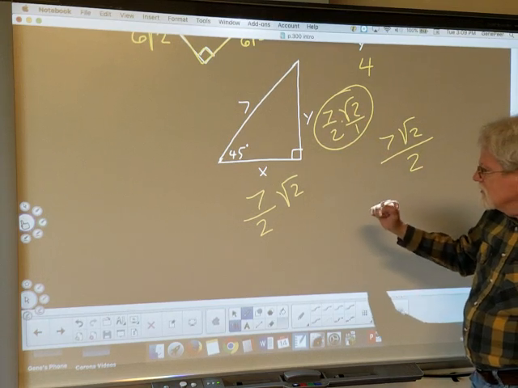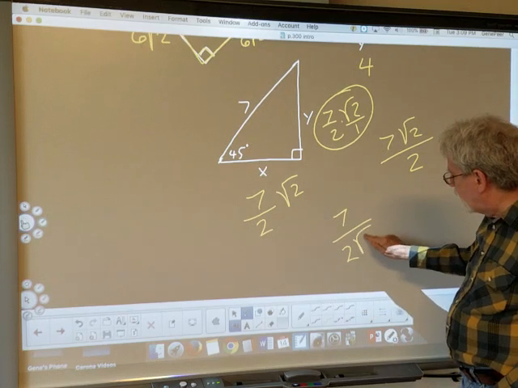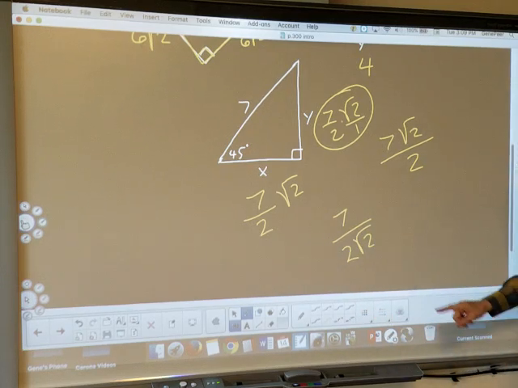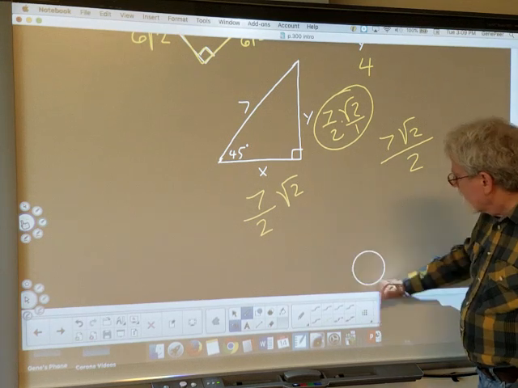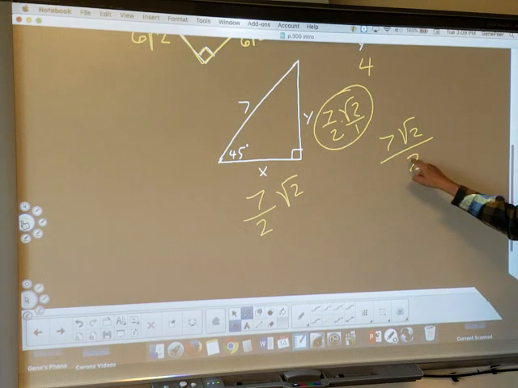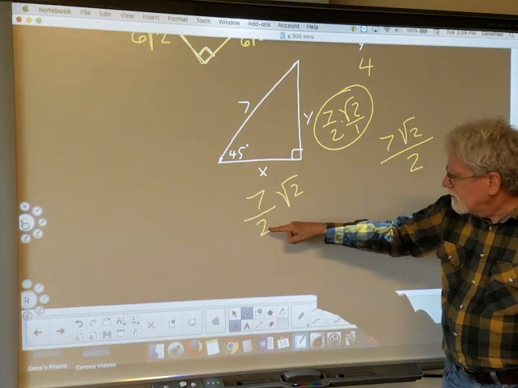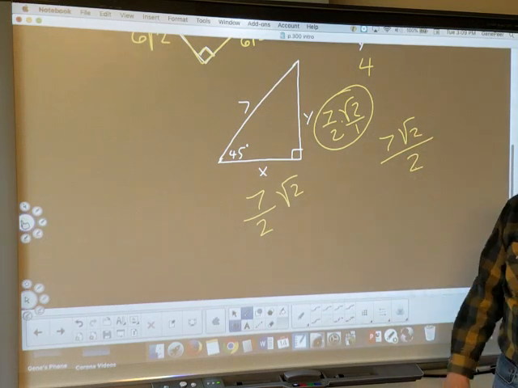But you dare not allow that square root of 2 to slip into the denominator. That's silly. That's not multiplying by square root of 2, that's dividing by square root of 2. You don't want to do that. So we take half of the 7 and stick a square root of 2 next to it, or put the square root of 2 in the numerator.